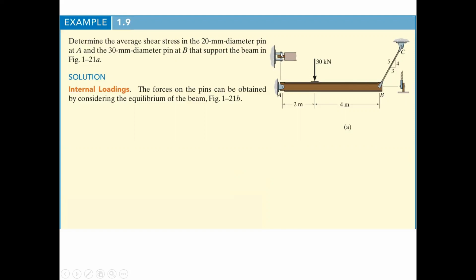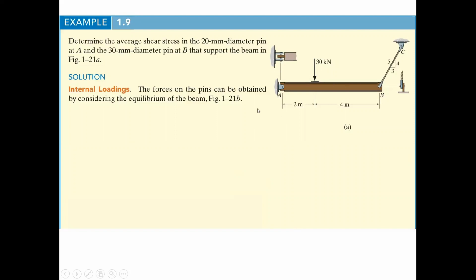Now, this pin right here has a 20 millimeter diameter, and this pin over here has a 30 millimeter diameter. It's important to distinguish the fact that we have a smaller pin over here than this one, okay? It's going to be evident later why we need maybe a 30 millimeter pin over on this side.